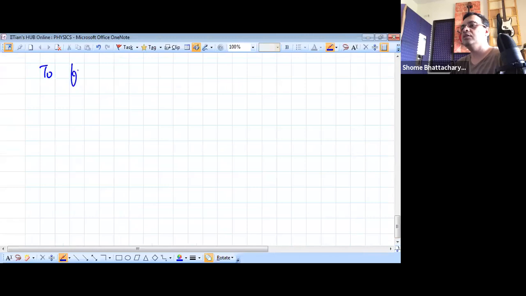So to find the resultant of these vectors geometrically, we have to draw them head to tail.